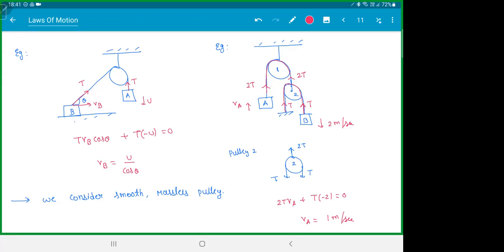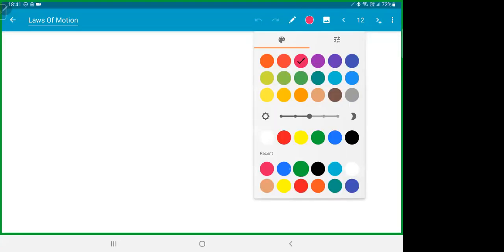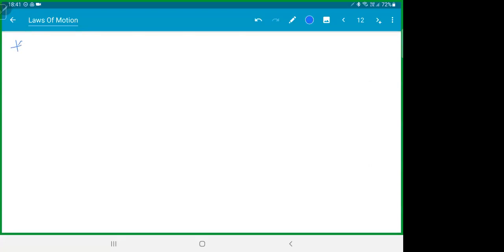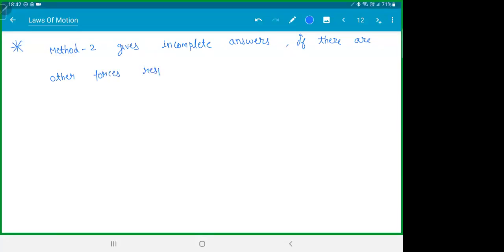Let's see a question. Now, here are a few important things. This method 2 fails, or gives incomplete answers, if there are other forces involved that are responsible for transfer of energy.